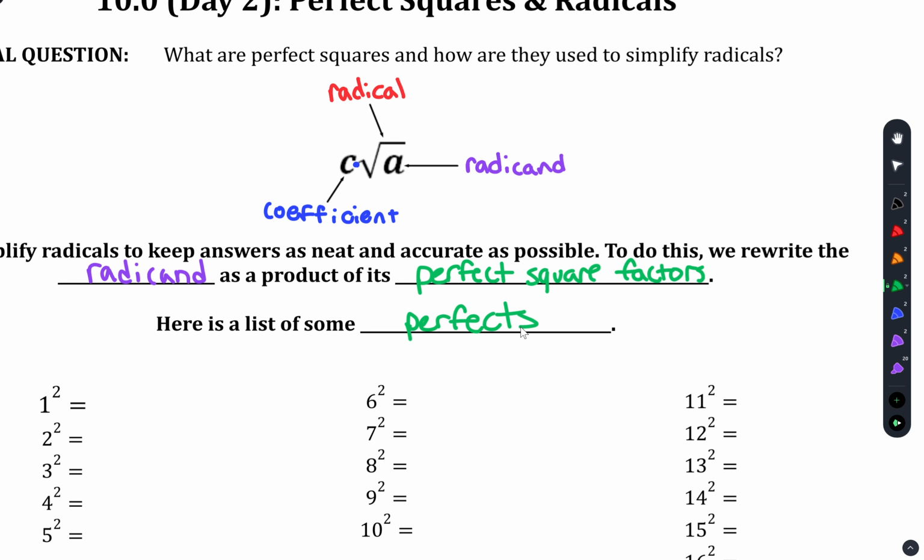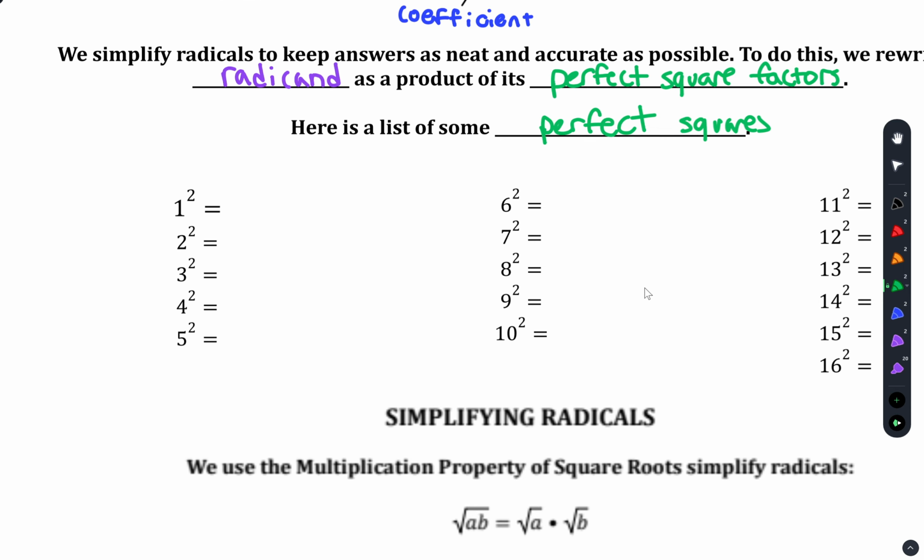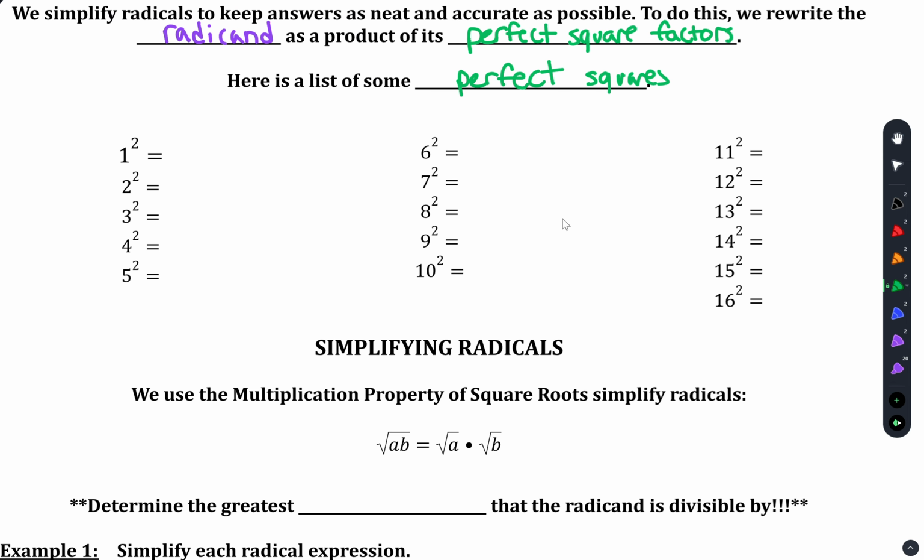Let's go down this list. Starting with 1 squared is 1, 2 squared is 4, 3 squared is 9, 4 squared 16, 5 squared 25.